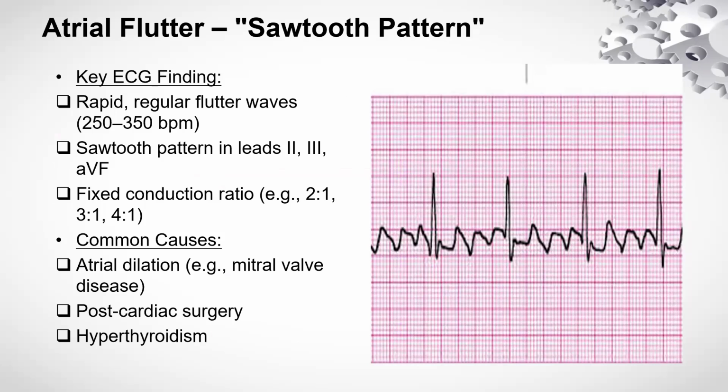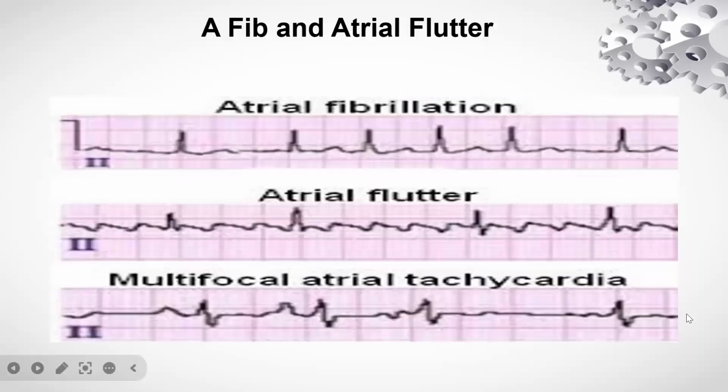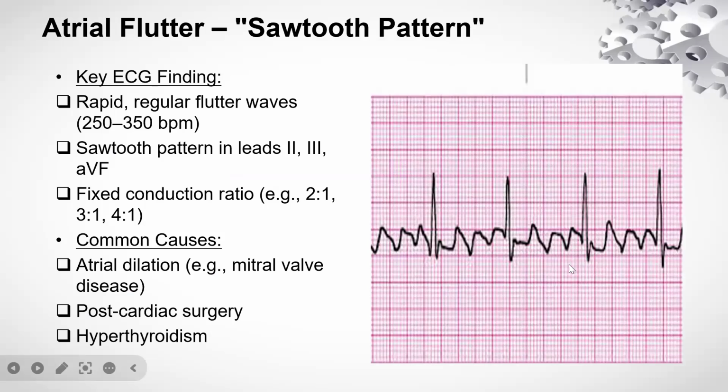So this is a sawtooth, and look at the P waves here. Very irregular, but the RR intervals are regular. So this is an atrial flutter. And the common causes are atrial dilatation, like mitral valve disease, post-cardiac surgery, and hyperthyroidism.